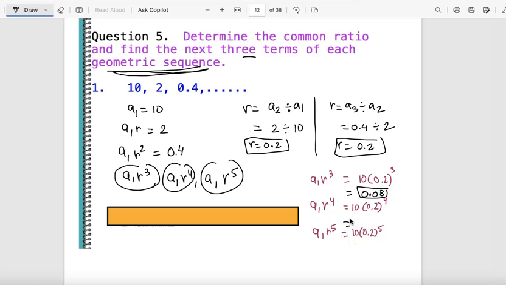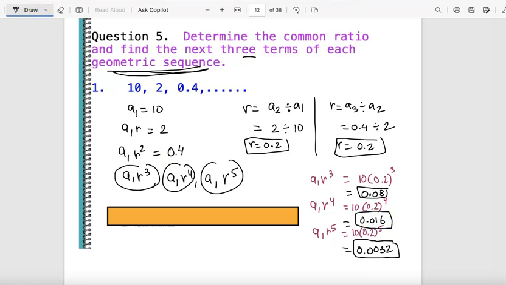So 10, again I'm using 0.2 in parentheses to the power 4, 0.016. And the last one is 10 times 0.2 to the power 5, that's your 0.0032. If in case you need some help using the calculator, please let me know and I'll assist you, and that's your answer.